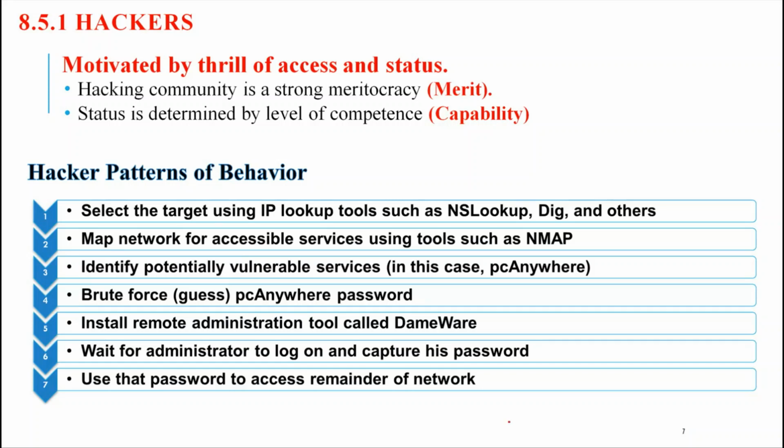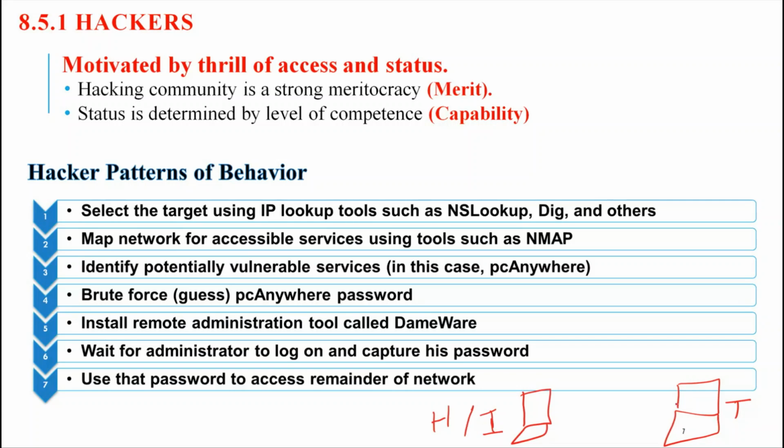Now we'll go for an example. This is an intruder, and this is going to be a target. I just write it as intruder, and this is going to be a target machine. So the intruder, or hacker, is going to select the target.